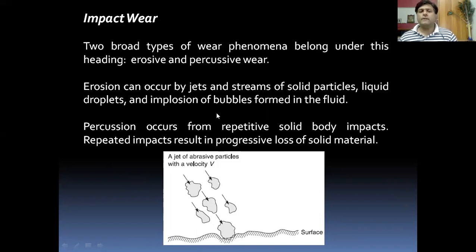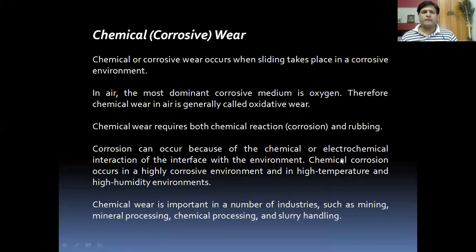So this is a phenomenon where particles are involved, either liquid or solid. Whereas percussion occurs from repeated solid body impacts, and repeated impacts result in progressive loss of solid material. So the impact of these particles on the surfaces results in impact wear.